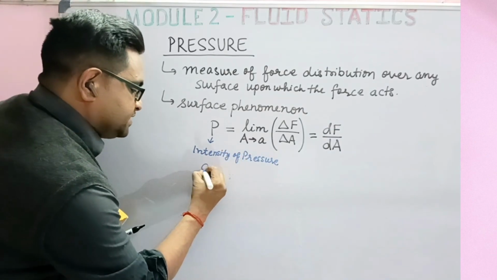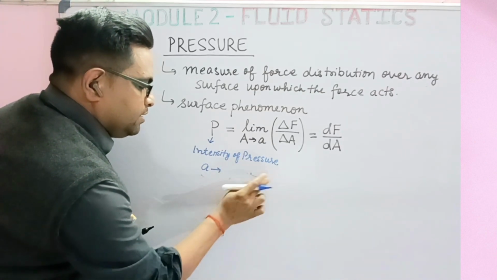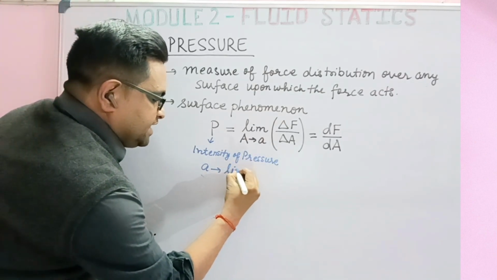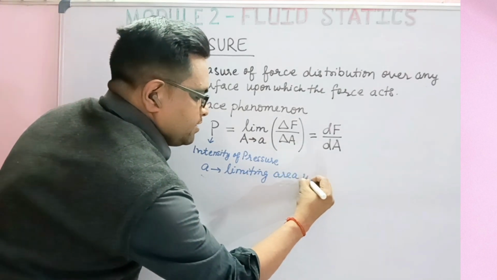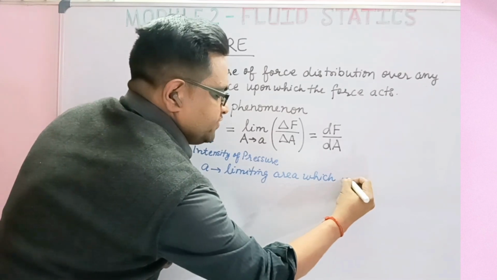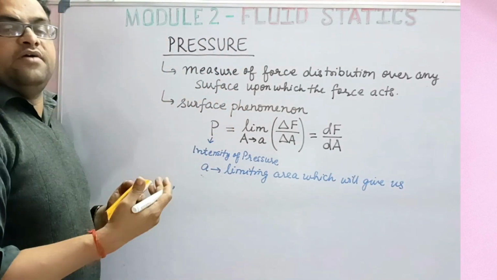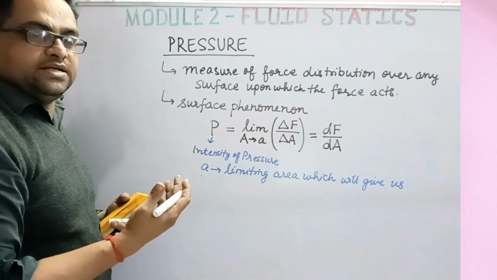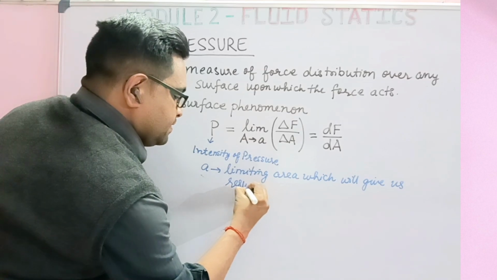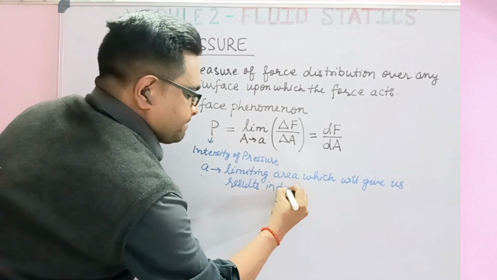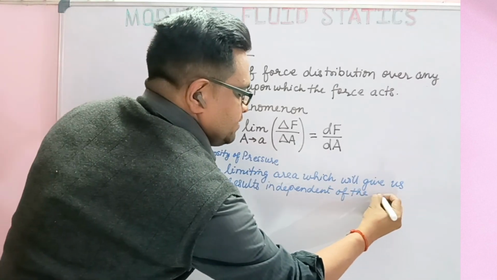So small a represents the limiting area, which will give us results independent of the area.